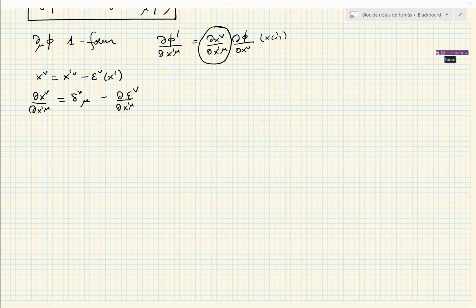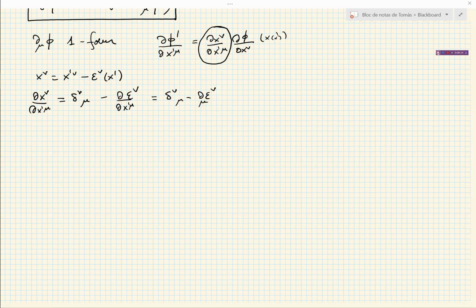However, to first order, this is the same as if we just take derivatives. We write this as a function of x, and we take the derivative with respect to the x mu's, which I indicate like this, without any primes.